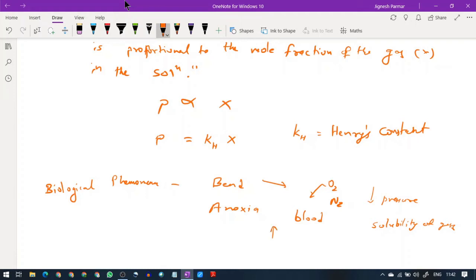When the diver comes up towards the surface, this nitrogen forms bubbles, and these bubbles are so small and tiny that they block capillaries.